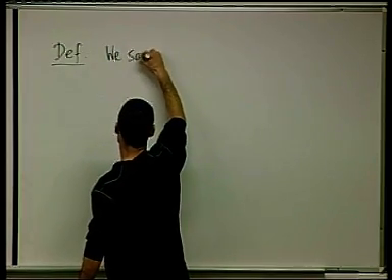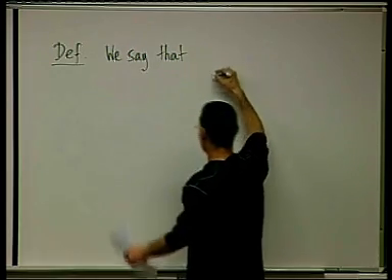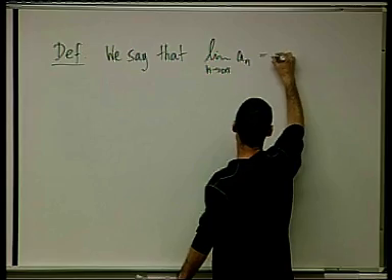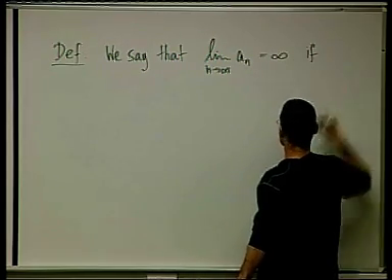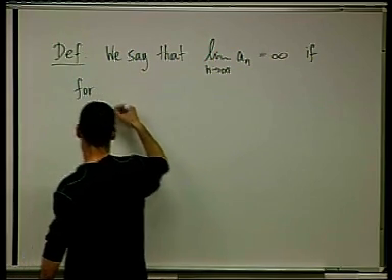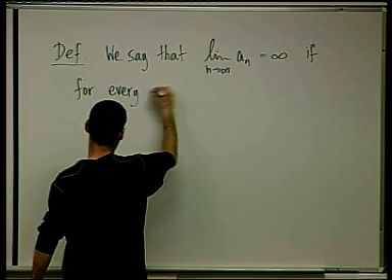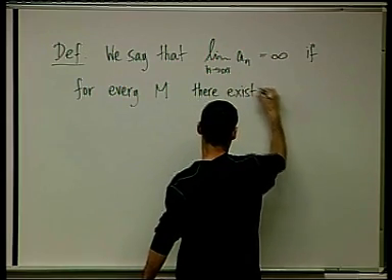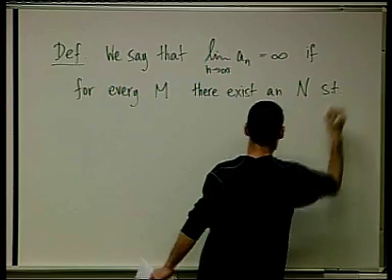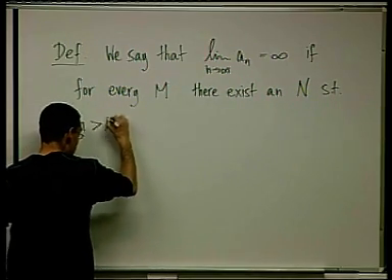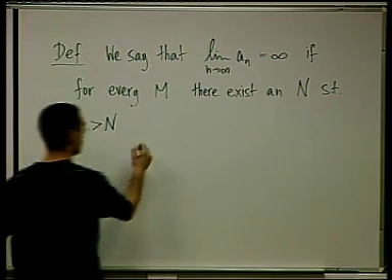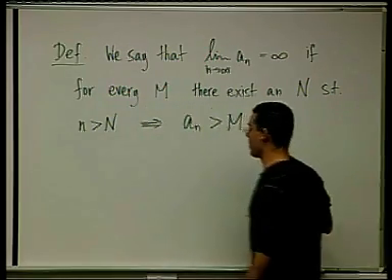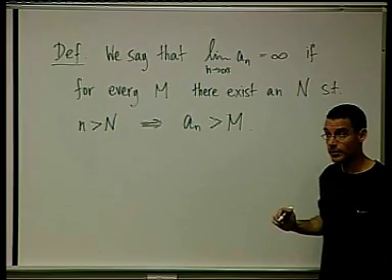We say, and I'm just going to write it so I don't have to use diverge or converge, that the limit of an is infinity if, and now instead of epsilon, we're going to have this big M. If for every M, there exists an n such that if you went beyond n in the indices, then the elements of the sequence went beyond M, got closer and closer to infinity.